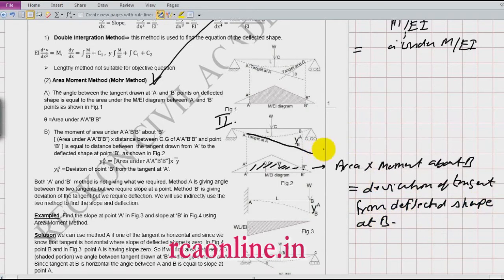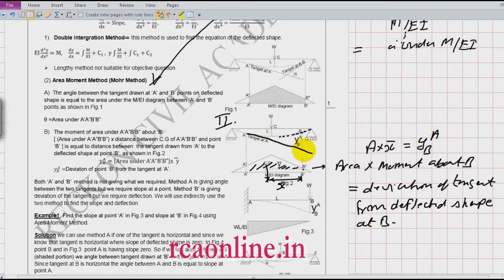Just try to understand this, that this is my tangent, this is my deflected shape, okay. Then what I will get? This area and its moment about B, means this area which is acted at its center of gravity. So let us say this distance is x bar. Then what I get? Area into x bar is YAB. What YAB indicates now?